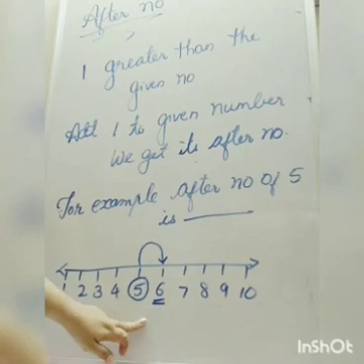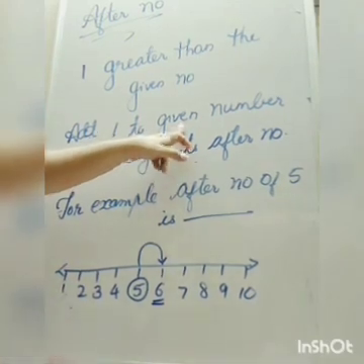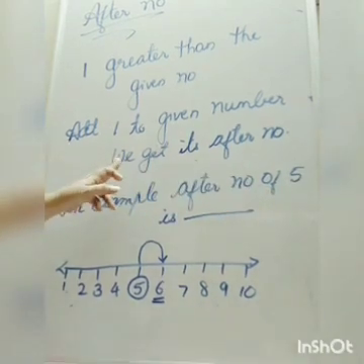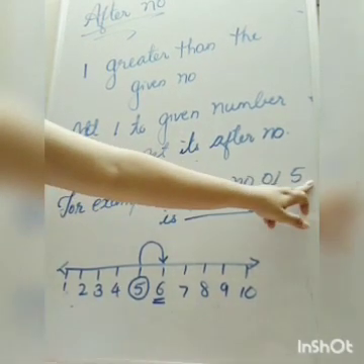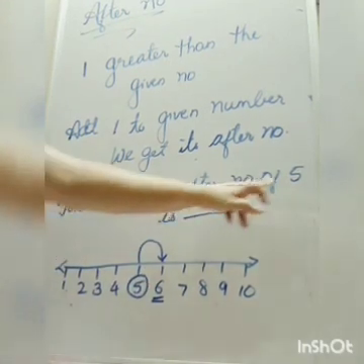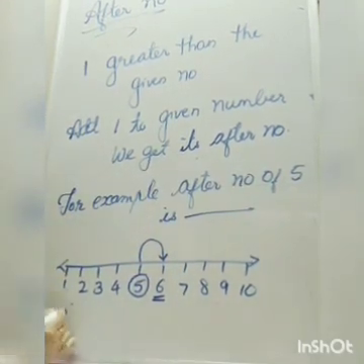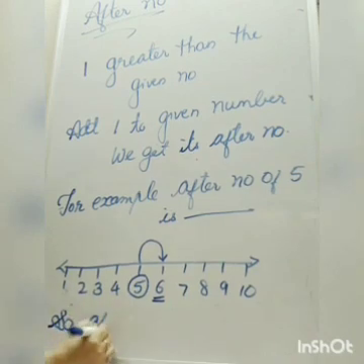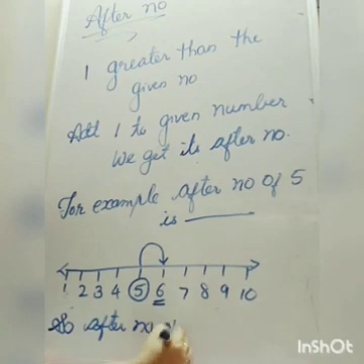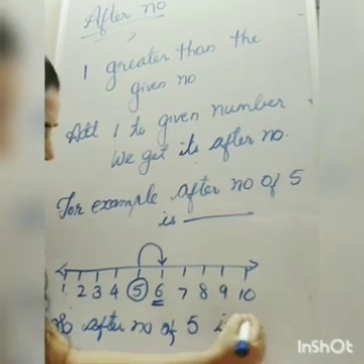That means add 1 to given number. Here given number is 5. Then add 1. 5 plus 1, 6. That is the after number of 5. So, after number of 5 is 6.